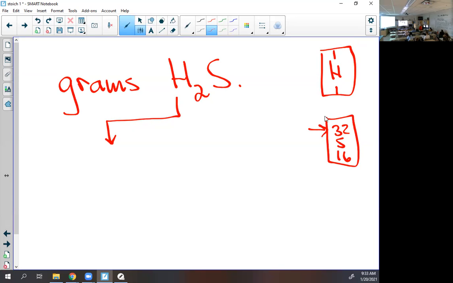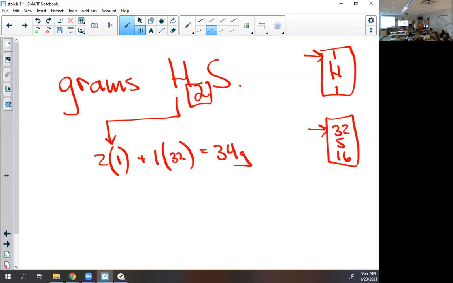The big number is the mass. Does that sound familiar from part A? Okay, so I have 2 hydrogens, and the mass of one of them is 1, plus I have 1 sulfur, and its mass is 32. So the total mass of H2S is 34 grams per 1 mole of the same thing.